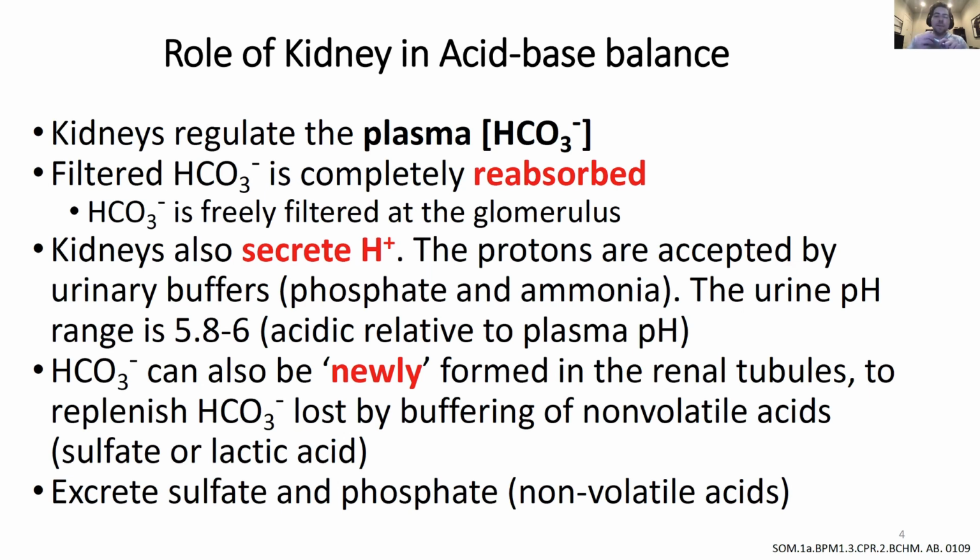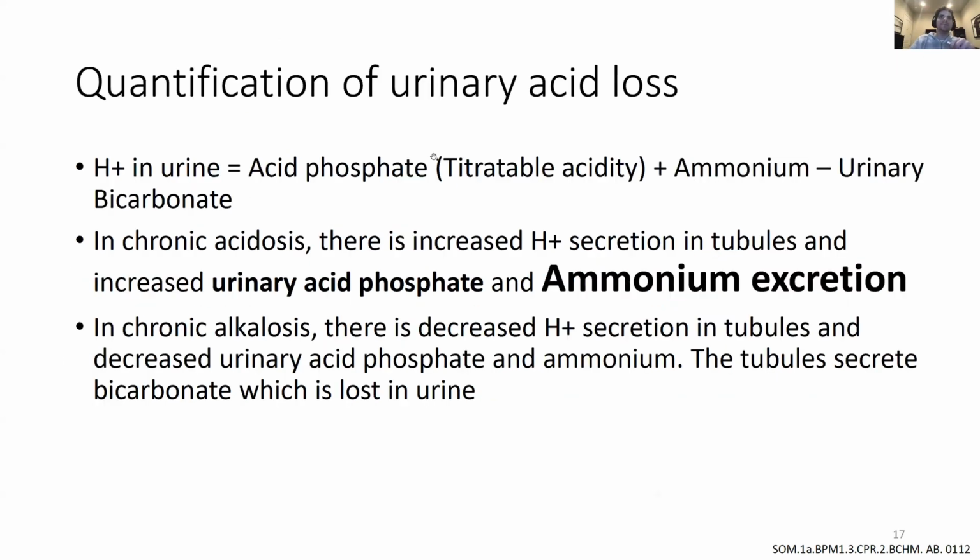Keep in mind that that takes days. Conversely, if you have a kidney problem or a metabolic problem, better said, the respiratory compensation is immediate, right? You just change your breathing rate. So remember, the only two ways you can compensate is by breathing faster or slower, or by peeing out more acid or more base. So that's the whole idea here.